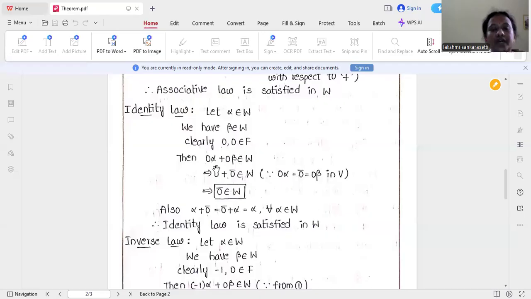So 0 into alpha is equal to 0 bar by using the basic properties of the vector space. 0 is the scalar in F, alpha is the vector in W. Scalar multiplication of a vector is again a vector, which can be represented as the zero vector. 0 bar plus 0 bar belongs to W. Therefore, 0 bar plus 0 bar is nothing but 0 bar, which is an element of W. Also we can verify that alpha plus 0 bar is equal to 0 bar plus alpha is equal to alpha for all alpha belonging to W. In this part, 0 bar is the identity element in W.